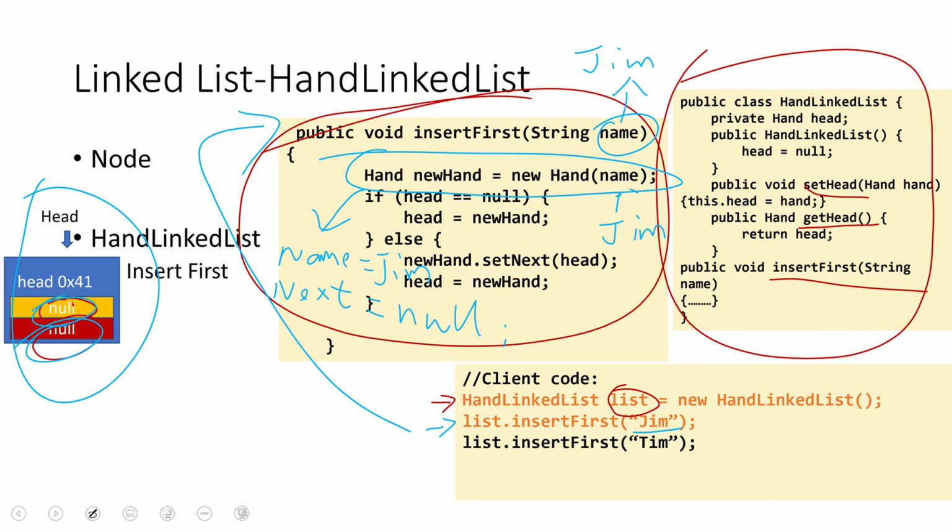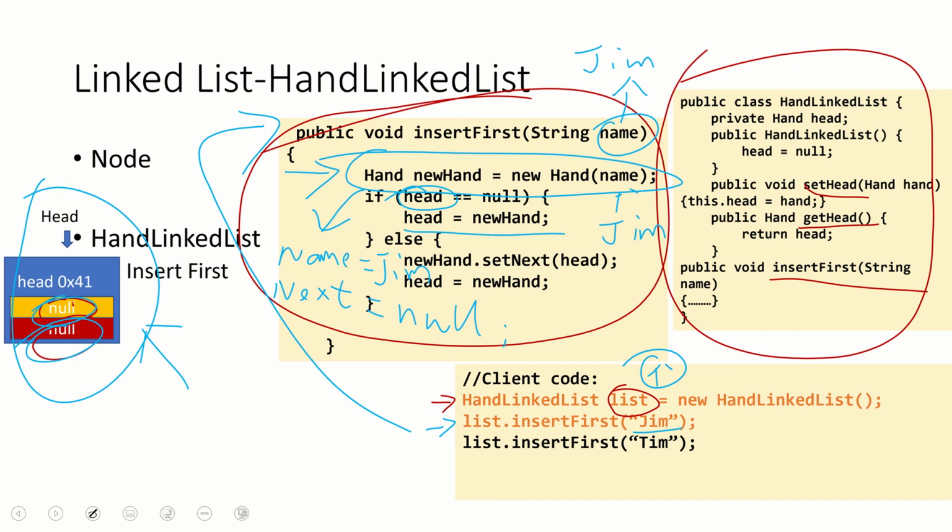If you don't remember, just go back to the slide to check this constructor of the hand. Once you go to this line, then we need to check the head. So currently, tell me the head of the linked list. What is it? Right now, the head is none, right? Which means this linked list is empty.